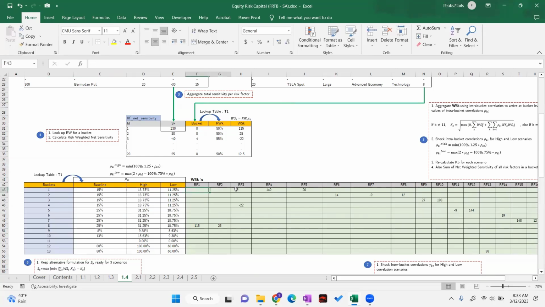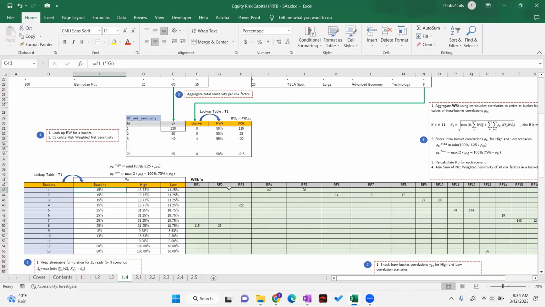Depending on the total set of risk factors mapped to the bucket, you'll have a giant variance covariance matrix. But let's say correlation matrix, because we have captured the variance values here already. It will be a big matrix, but all the correlations are 15%.